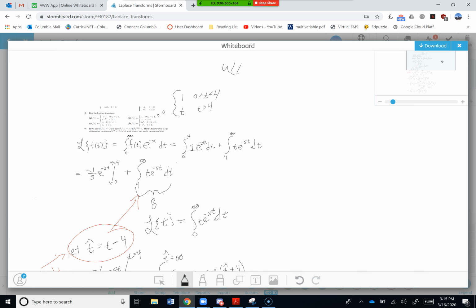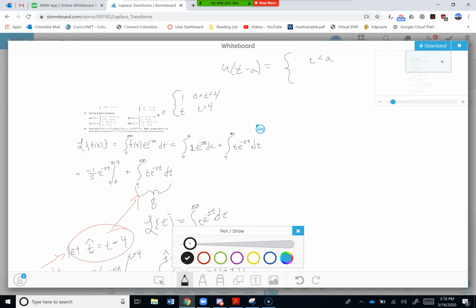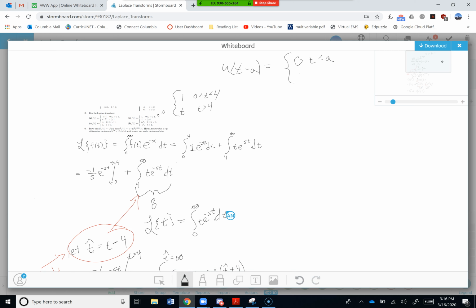I'm going to define u of t minus a, which is going to be 0 for t is smaller than a. Sorry, I said 1, and I meant 0. So it's off until we get to time a, and then at time a we'll turn it on.